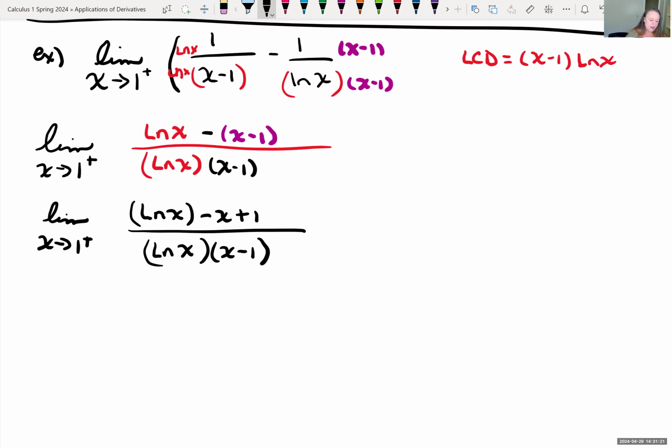And so if we go in here now and do our direct substitution, and we plug in 1 wherever we see an x, notice we get the natural log of 1 minus 1 plus 1, all over the natural log of 1 times 1 minus 1.